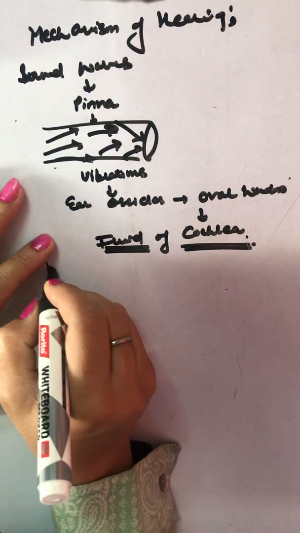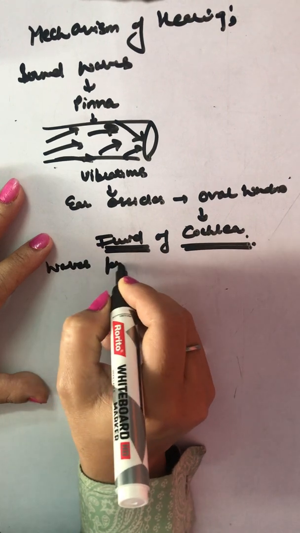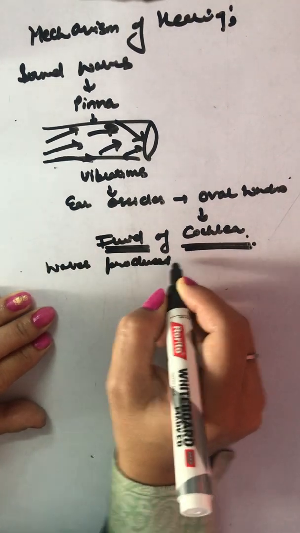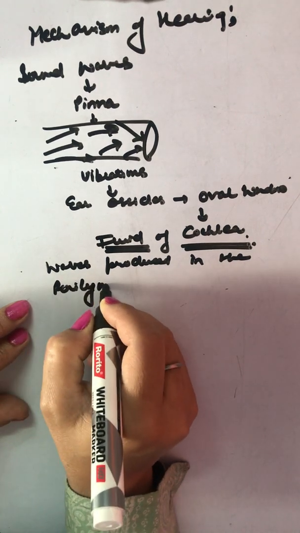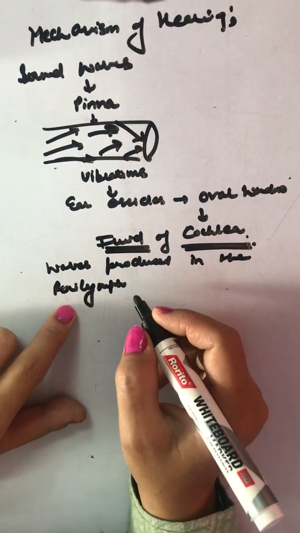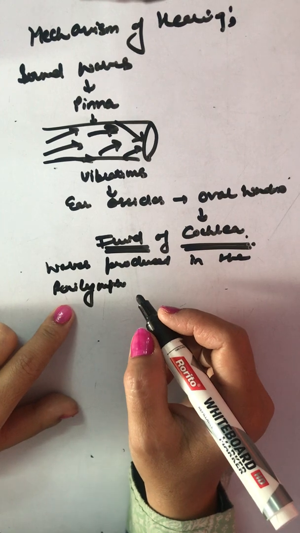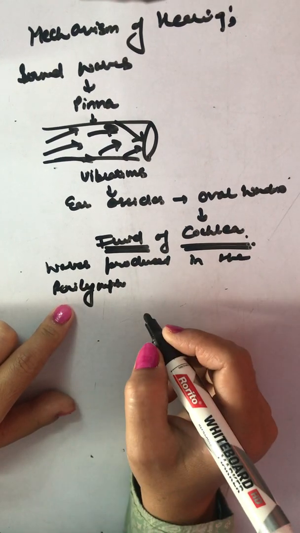Now the waves are produced in the perilymph. Remember the fluid in which the membranous labyrinth is suspended.